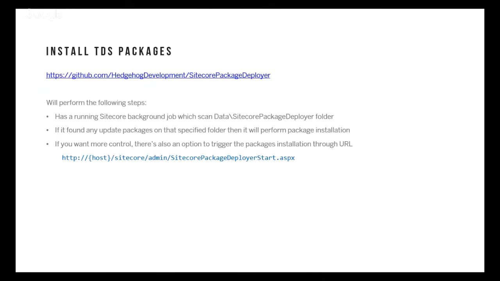Then it will do the package installation. It does it asynchronously, but if you want it to run synchronously, there's a fork of that repository as well that you can use. Sometimes you want that, right? Sometimes you want to know if the TDS package installation fails, you want to fail the entire deployment process, for example.